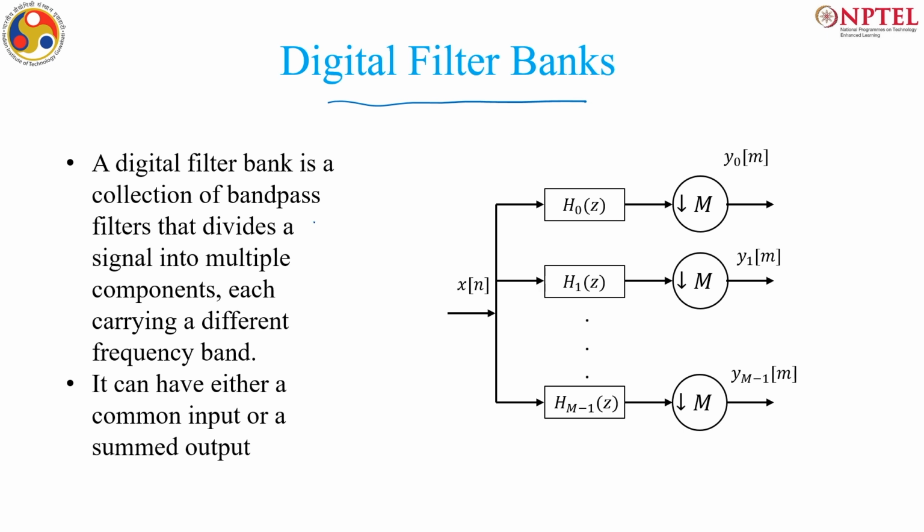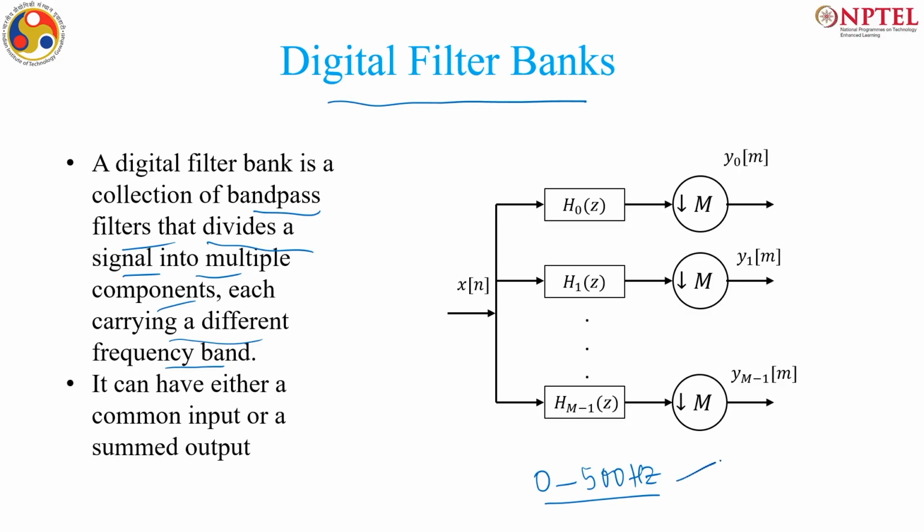It is a collection of band pass filters that divides the signal into multiple components, and each component will carry a different frequency band. If you feel this is complex, say I have a filter which operates at 0 to 500 hertz, and since this has a high bandwidth, this will be costly.